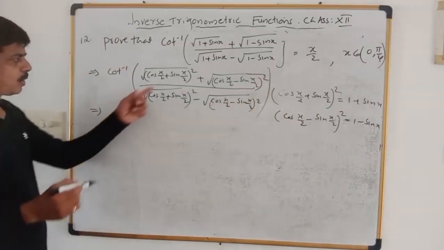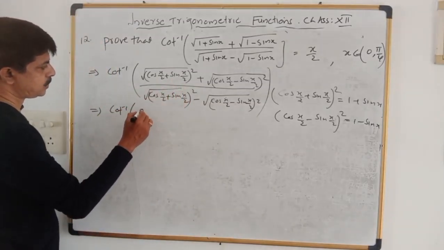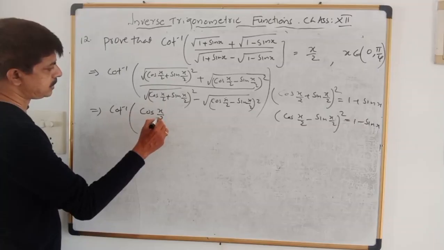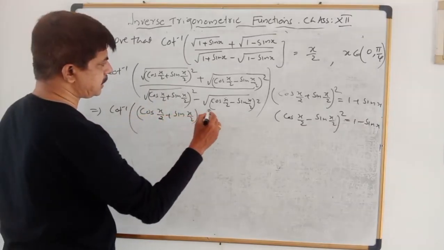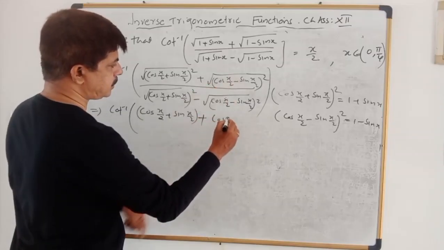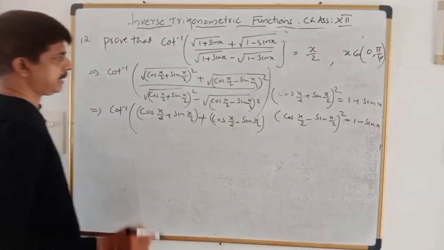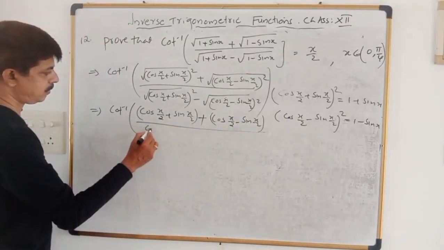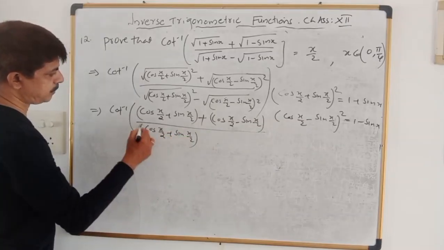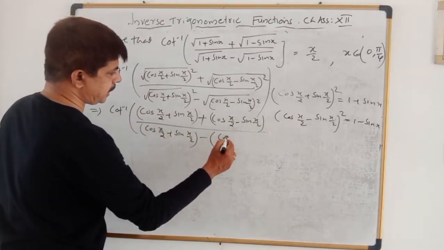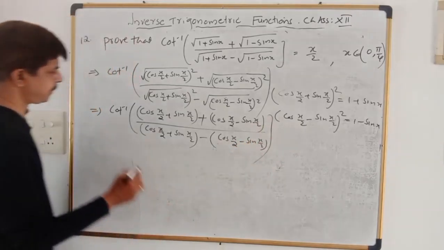This is a square number, so the root will be eliminated. This also is a square number, so the root will be eliminated. In the denominator also, we get cos x by 2 plus sin x by 2 minus cos x by 2 minus sin x by 2.